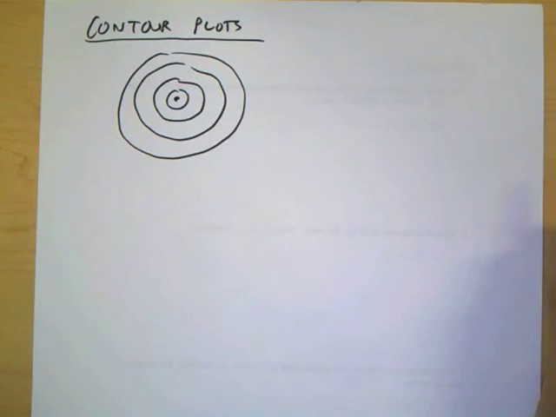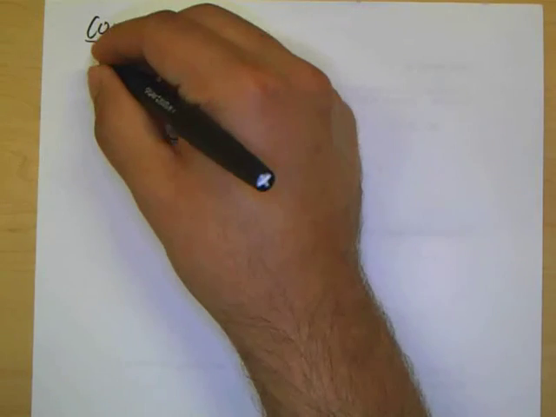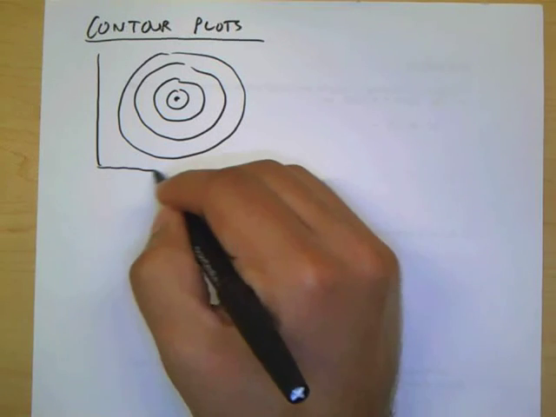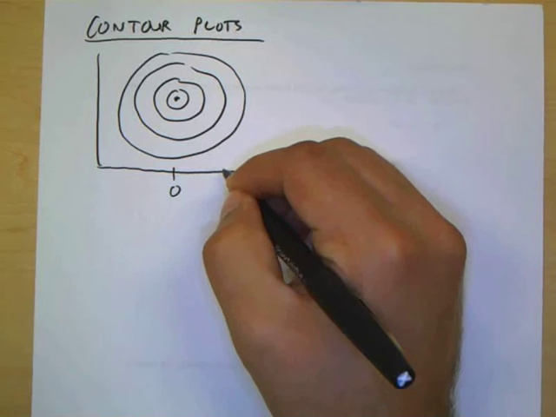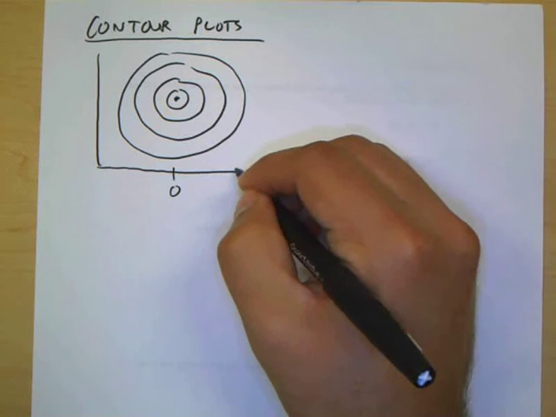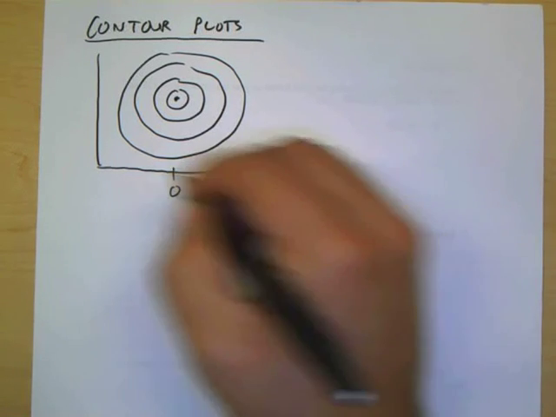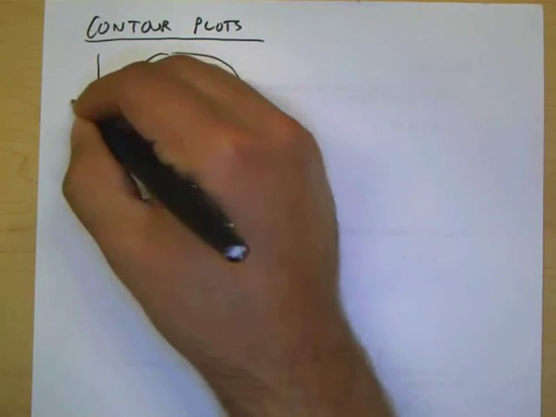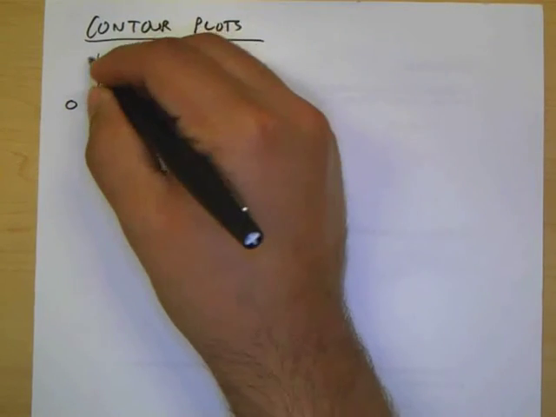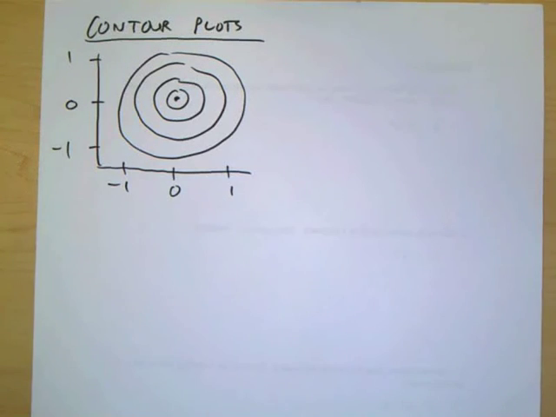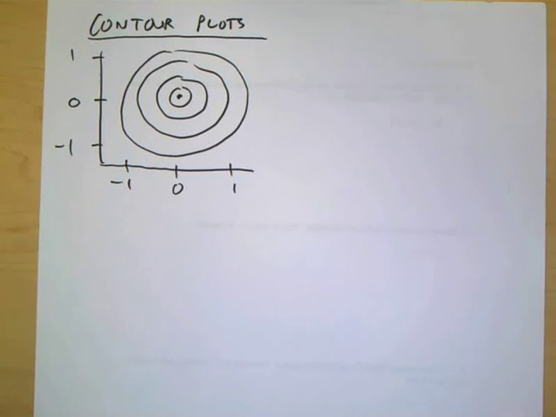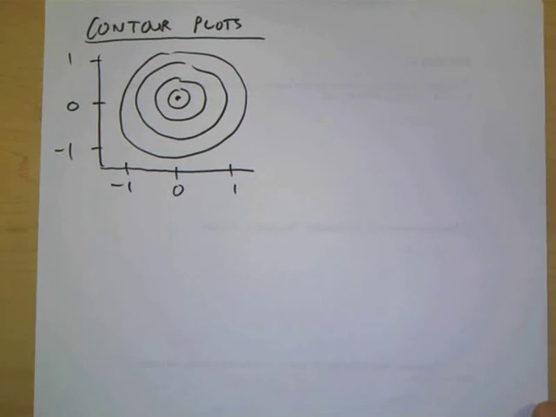So let's say this is the contour plot. And this is 0. This is 1. This is -1. This is 0. That's 1. That's -1. So it's a weird labeling of the x and y axis.